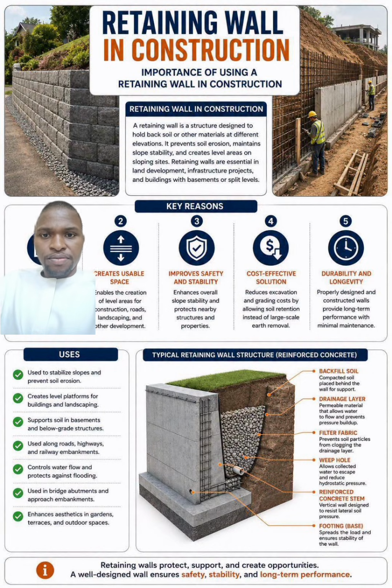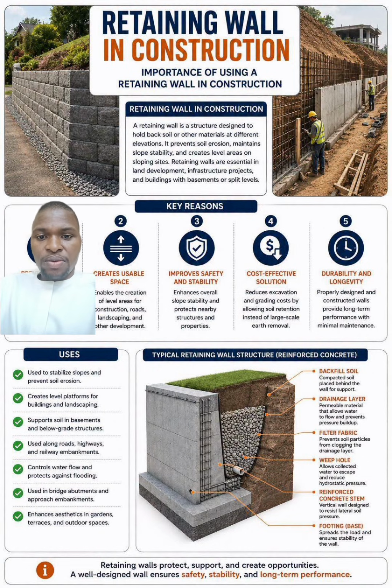So it's also used in bridge abutments and approach embankments. So it helps you in your bridges, that is the abutment. Then for your embankment, then even in your dam construction, you can still make use of your retaining wall, because it's very, very useful in your dam to control the volume of water and all those things.